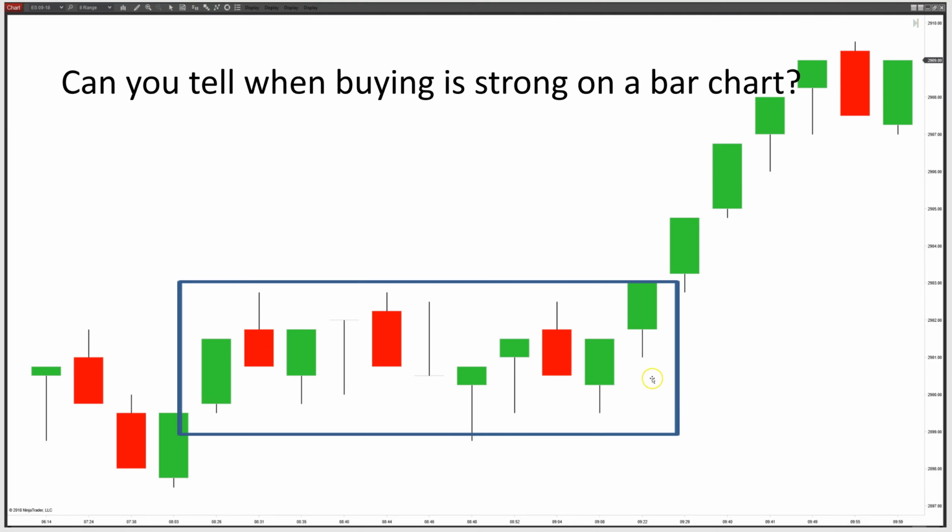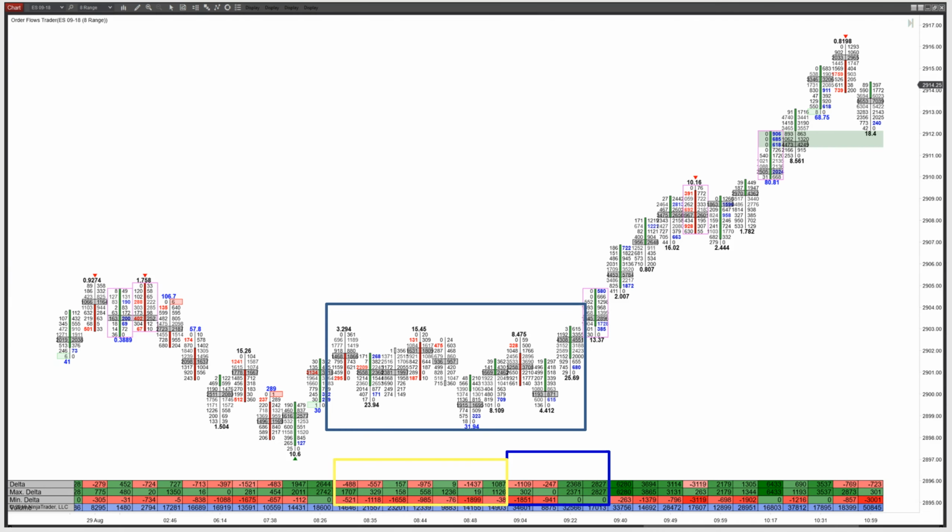It doesn't work that way. You want to know when demand is getting stronger. If you're looking at the delta on an order flow chart, you're going to be able to understand when the buying is getting stronger, or when the supply, the selling, is getting stronger. So let's take a look back here.